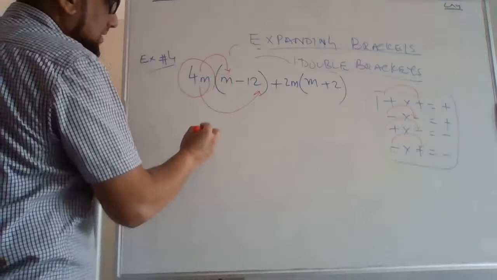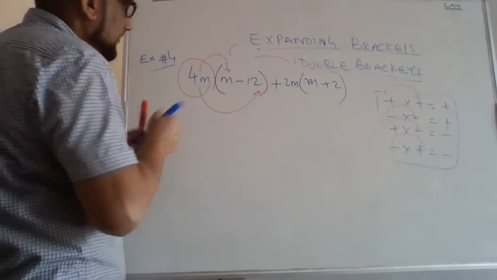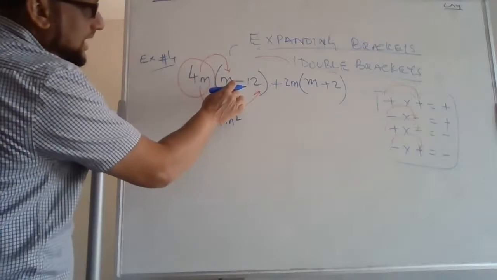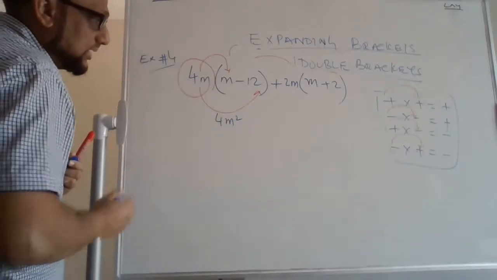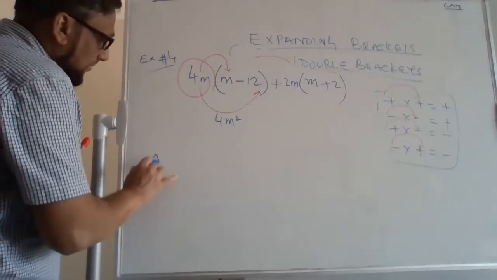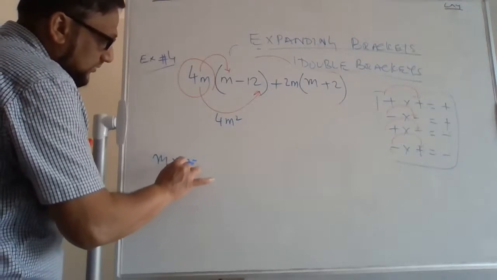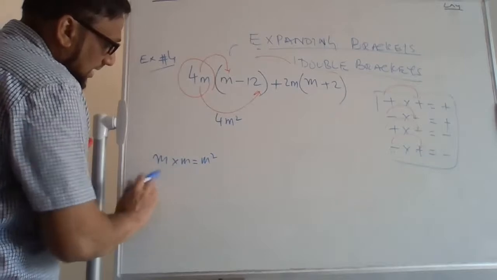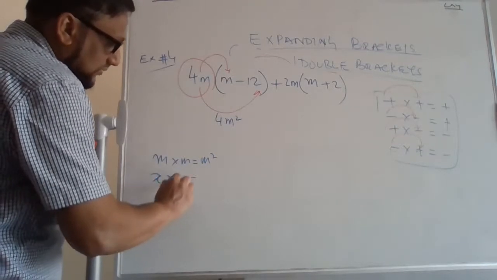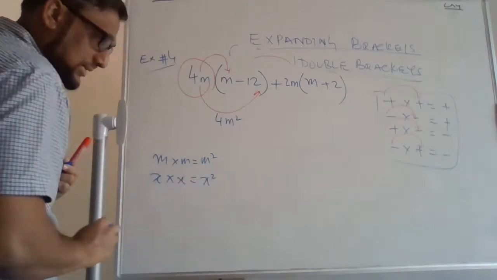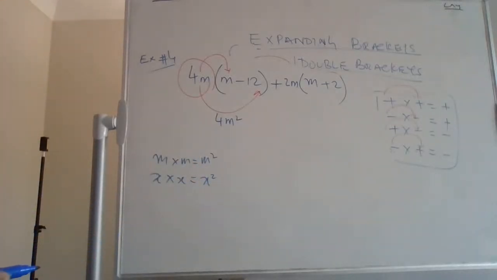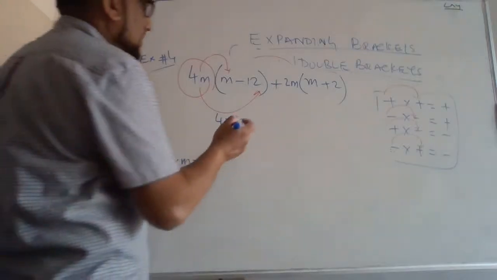So 4m times m means 4m squared, because m times m is going to be squared. So m times m equal to m squared, x times x equal to x squared. Okay, the power is going to increase when we multiply variable by variable.